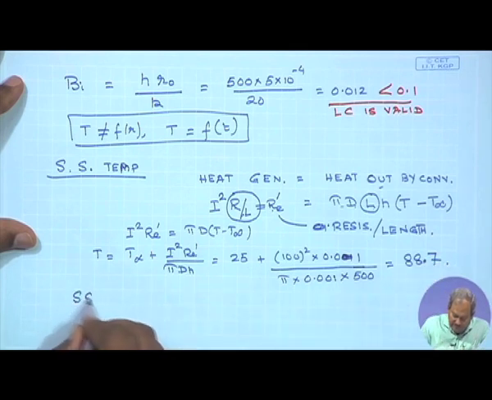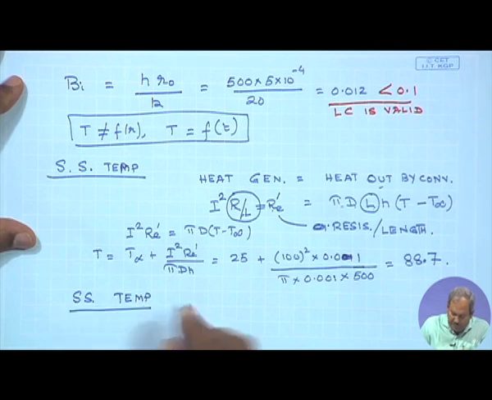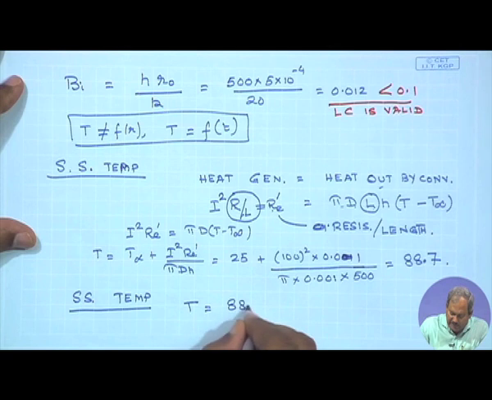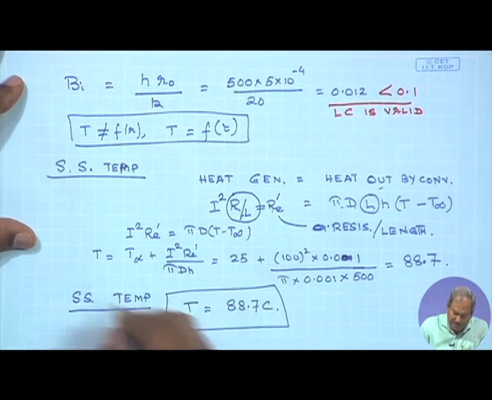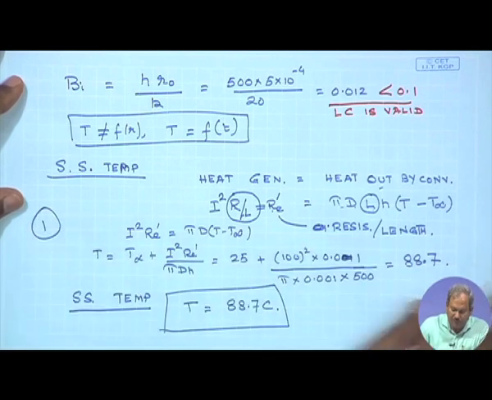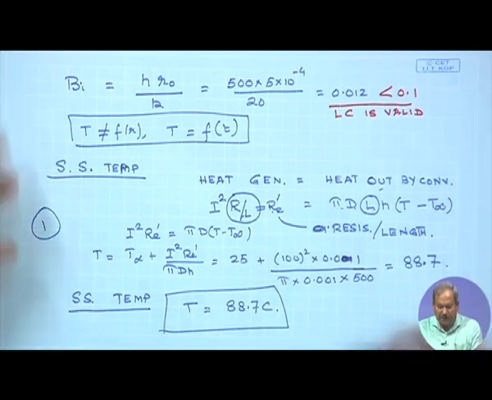So, the steady state temperature of the wire by a simple heat balance would be 88.7 degree centigrade. This is part 1 of the problem which we are dealing with.